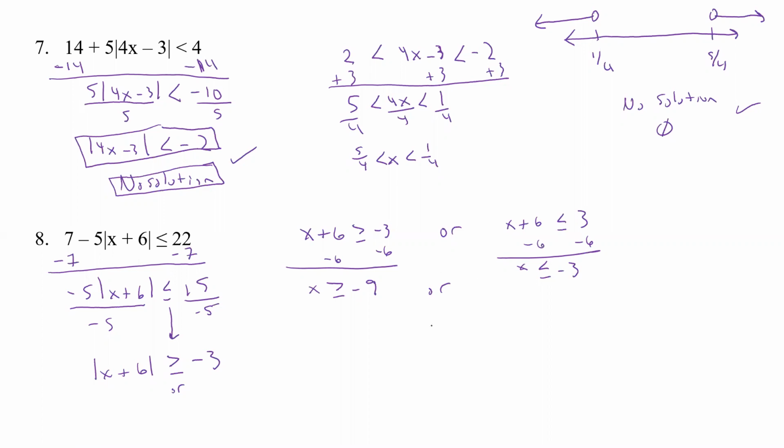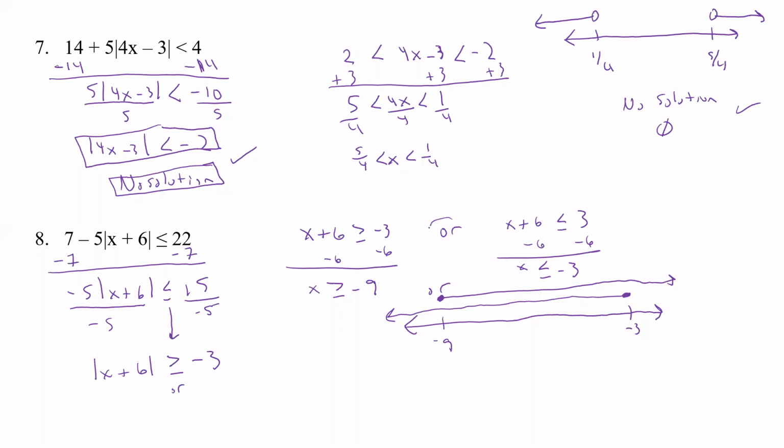Okay, now remember, this is OR, so let's graph both of these. So we have a negative 3 here, negative 9 here, so it's going to be greater than or equal to this one, so it's going to go that way. This is going to be less than or equal to negative 3, so it's going to go that way. Well, remember, with OR, it's what's in this one, or what's in this one, or what's in both.